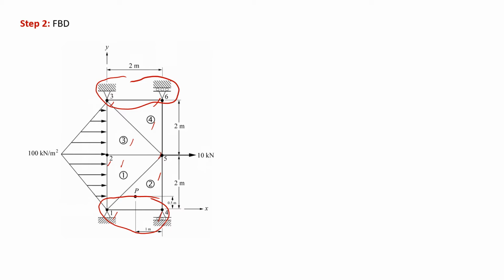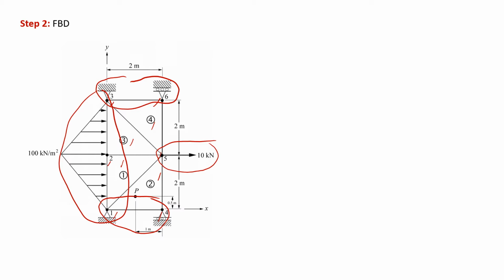Besides that, the applied pressure along edge 1 to 3 is also symmetrical, with the maximum pressure acting at node 2, which is at the line of symmetry. The point load applied in this problem is also at the middle of edge 25, which is at the line of symmetry.